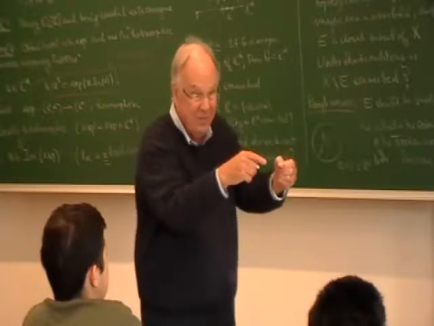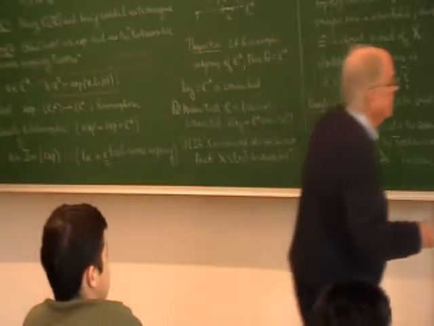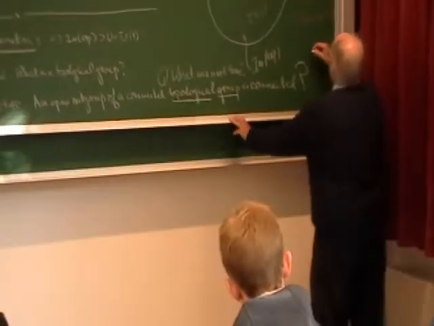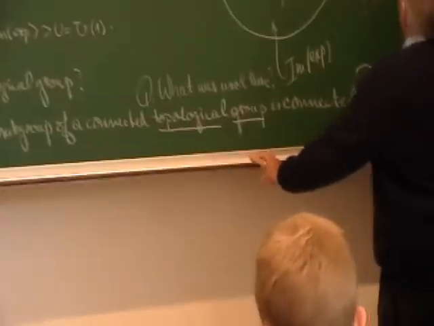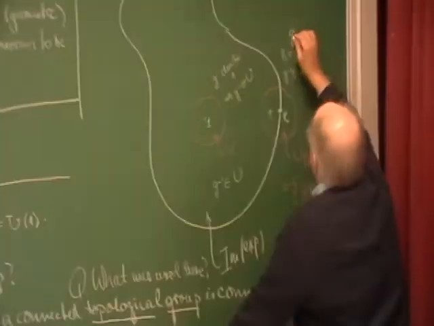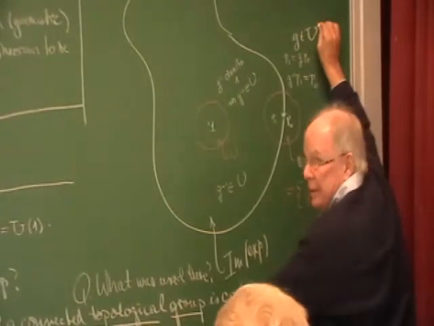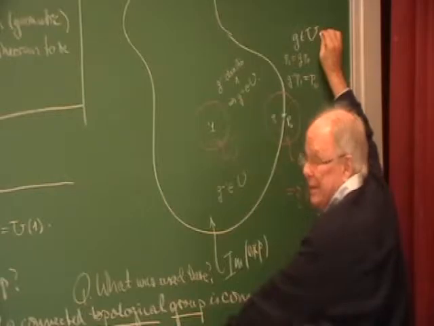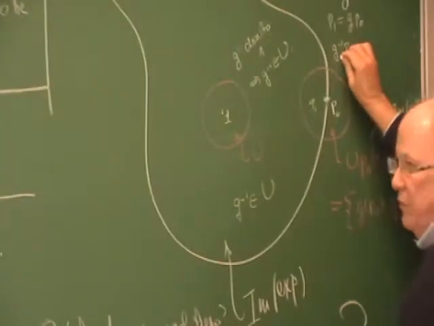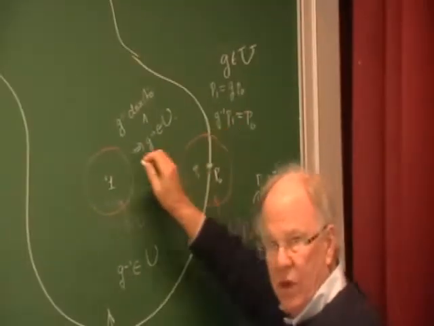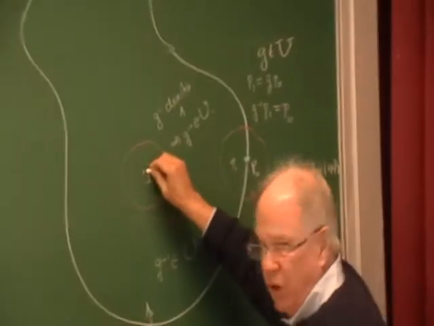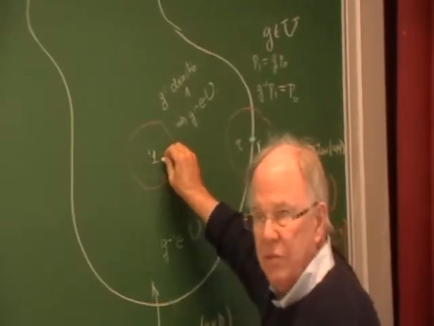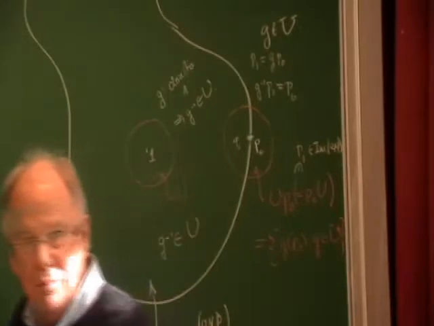That's very, very good what you're saying. So here, G in U. I said it, but that's what you're saying. And I have to prove that G inverse is in U. So what I just said to you: if you take G close enough to 1, then G inverse is also going to be in U. So there's something to prove.